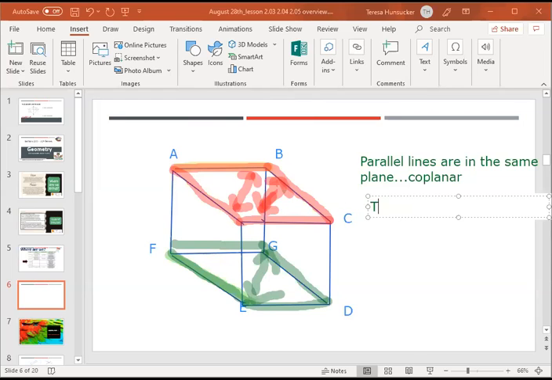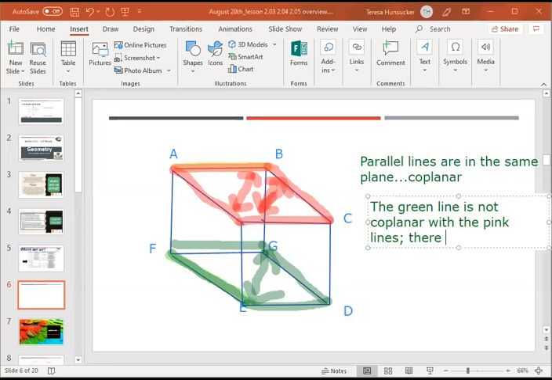All right, so the green line is not coplanar with the pink lines, even though they won't intersect. So therefore, they're not parallel, okay?